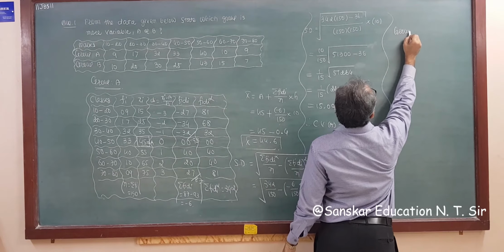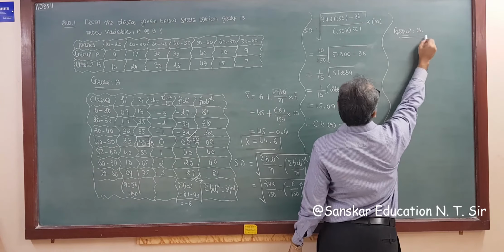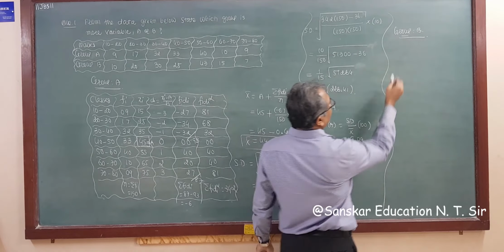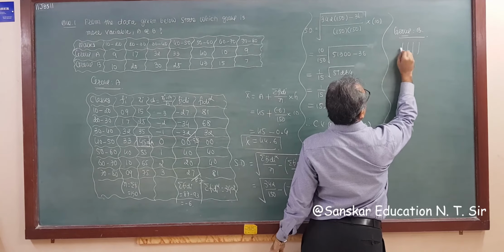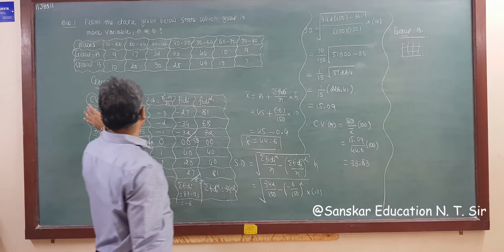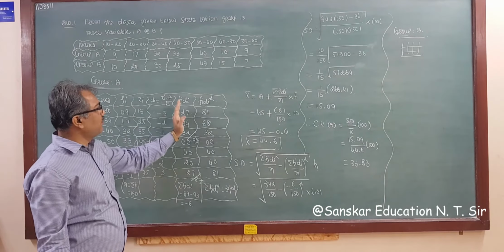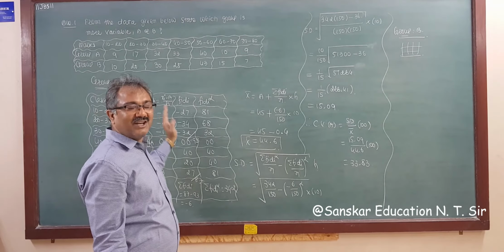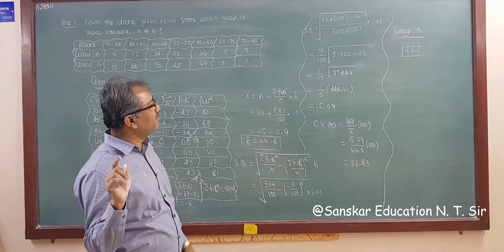It's a time consuming example. First prepare the table, with classes and fi given, xi, di, you know everything. You are now very smart students and nothing is impossible for you.